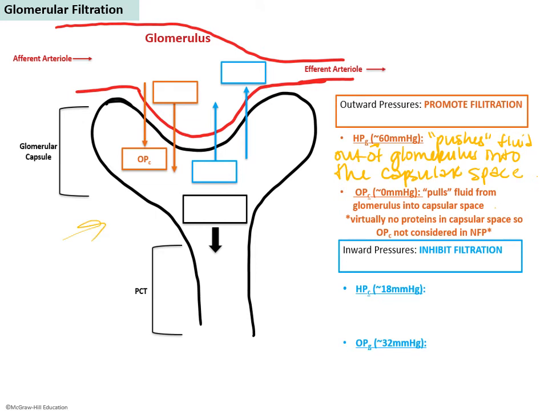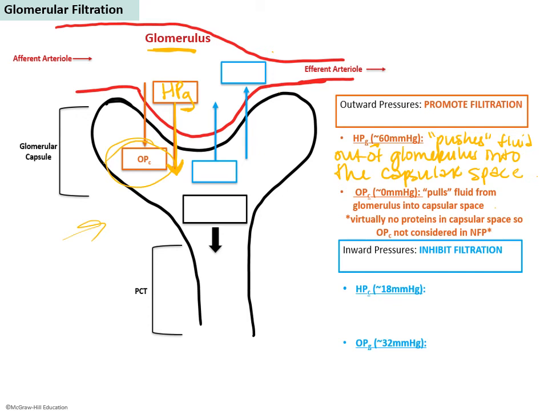So this pressure exists in the glomerulus, so we're going to want to have something in here. I'm going to write it in this box. So HPG. It is going to push fluid from the glomerulus into the capsular space. Also, this pressure over here, I realized that I didn't fill out the little box on our last slide, but this is our colloid osmotic pressure of the capsular space.